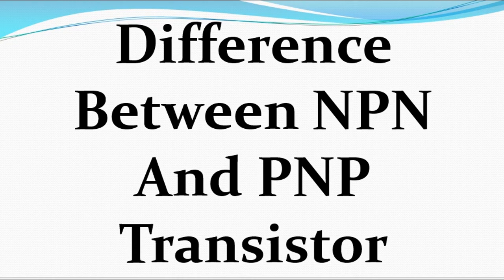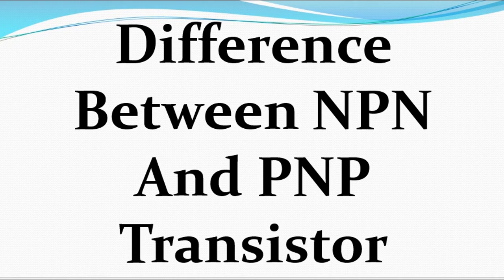I repeat, in the NPN transistor, the current flows from collector to emitter when the positive supply is given to the base.